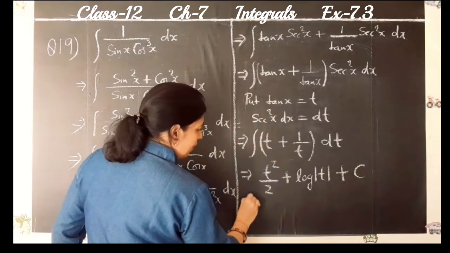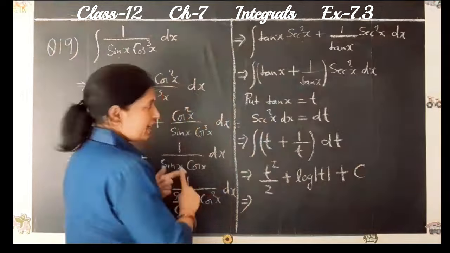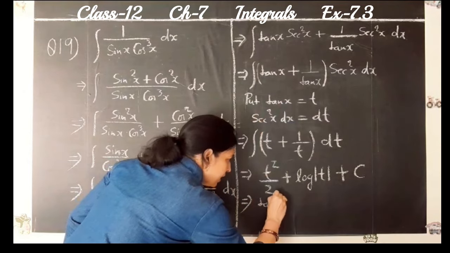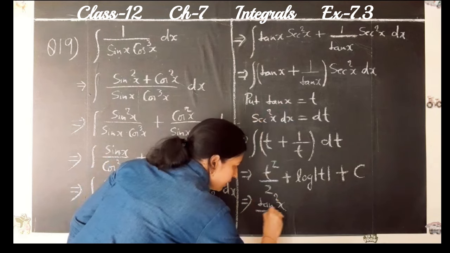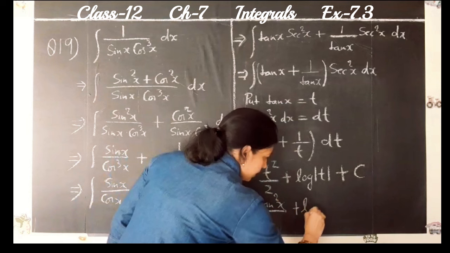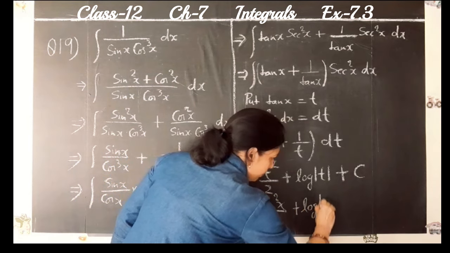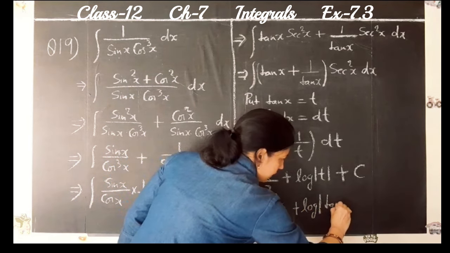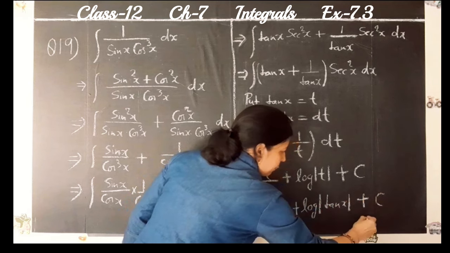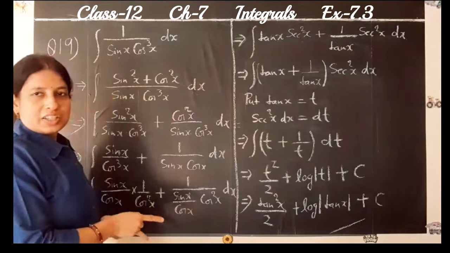Now put the value of t. t is equal to tan x. So it will be tan square x divided by 2 plus log mod tan x plus a constant c. So this is your answer.